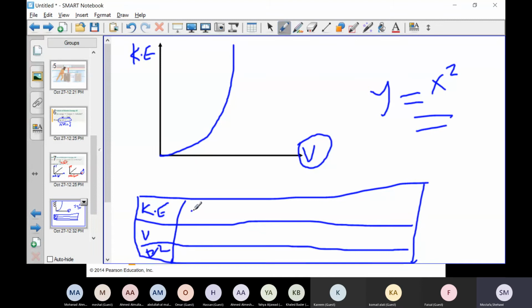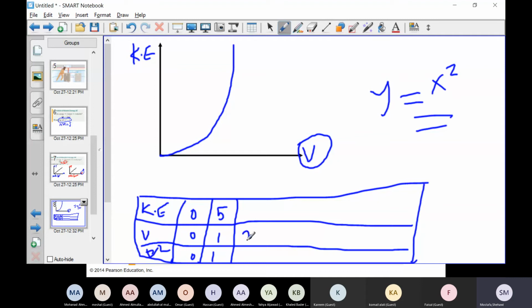And we'll take some examples. In the first, the velocity is 0, so everything is 0. Second one, the velocity is 1, velocity squared is 1, and this one, for example, let's say 5.